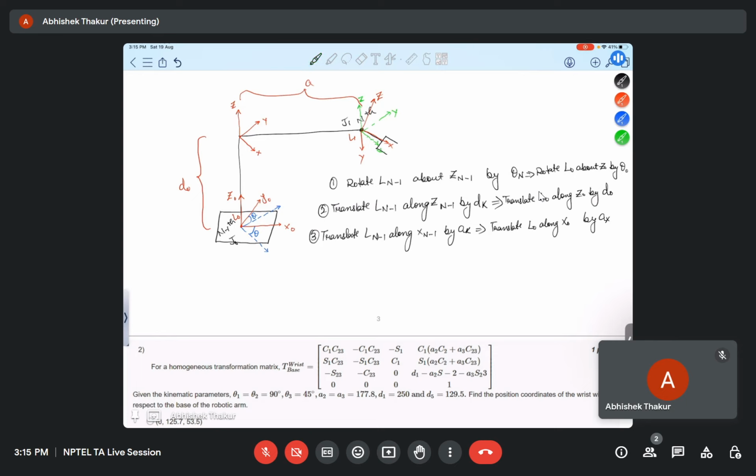So now the fourth step, what we have to do, we have to again rotate this axis to coincide it. So when you rotate Ln minus 1 about Xn minus 1 by alpha k, it implies that here rotate L naught about X naught by alpha.